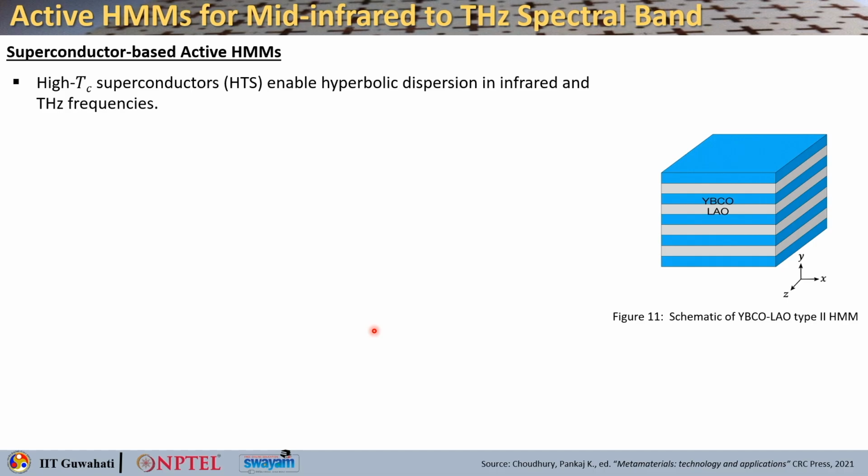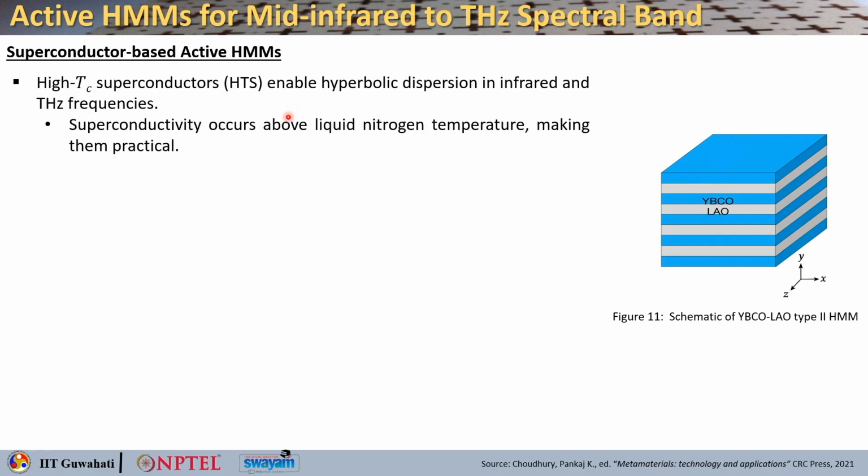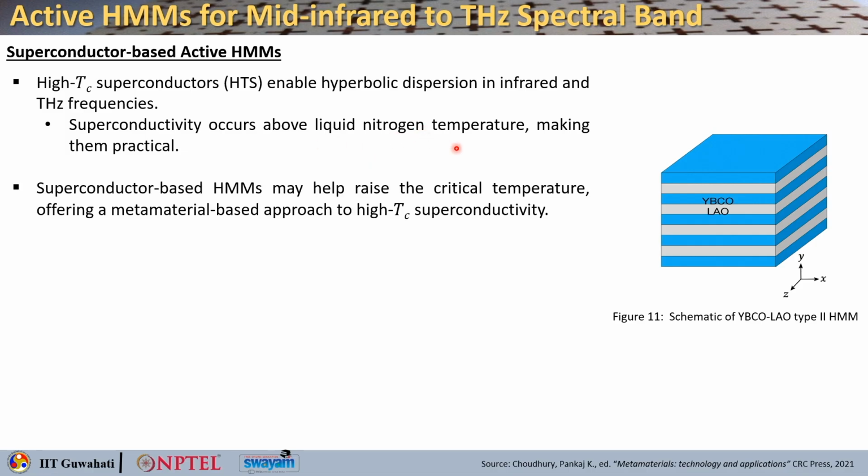Next, we will look into superconductor based active hyperbolic metamaterials. So, in this case, high critical temperature superconductors, or HTS, also can enable hyperbolic dispersion in the infrared and terahertz frequencies. So, superconductivity here occurs above liquid nitrogen temperature, making them practical in regular operations.